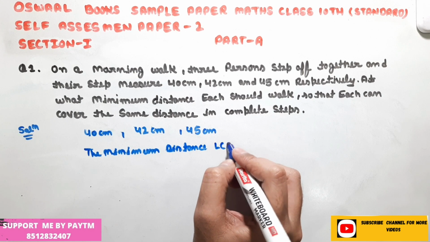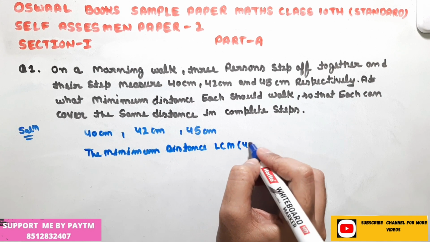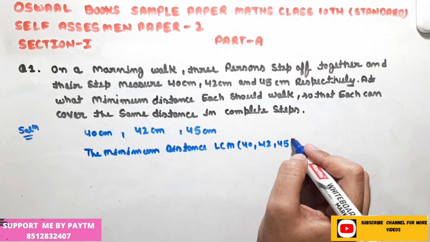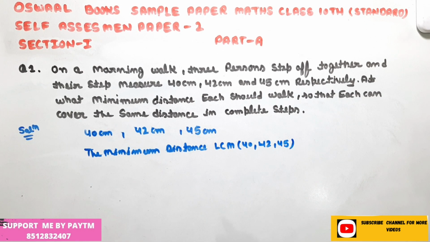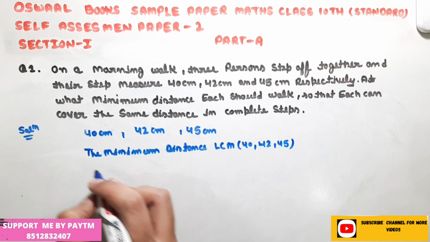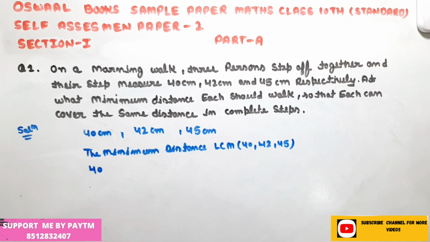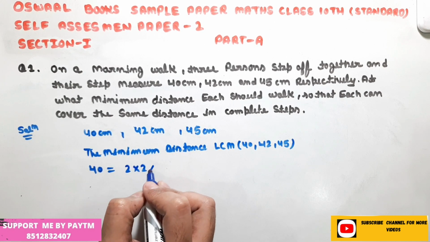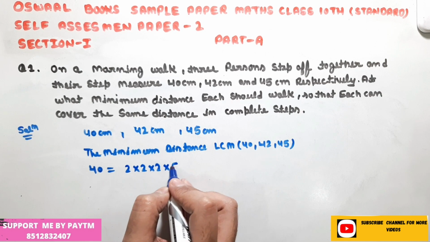So the minimum distance will be the LCM of 40, 42 and 45. To find the LCM, we will firstly find the prime factors. Prime factors of 40: 2 into 2 into 2 into 5.